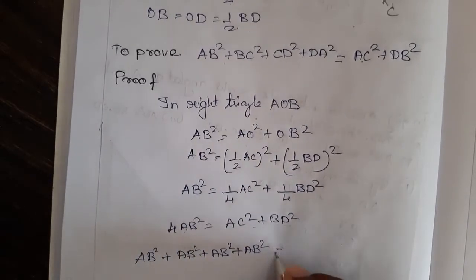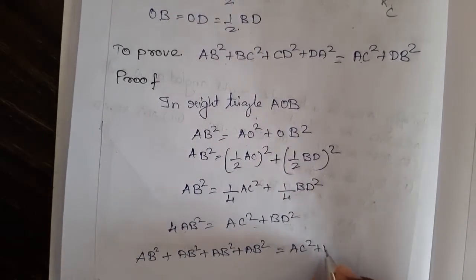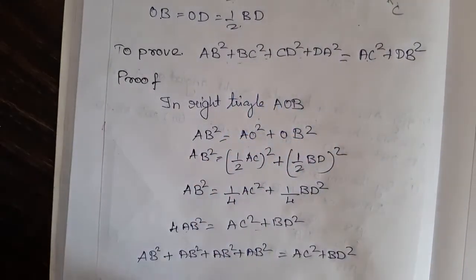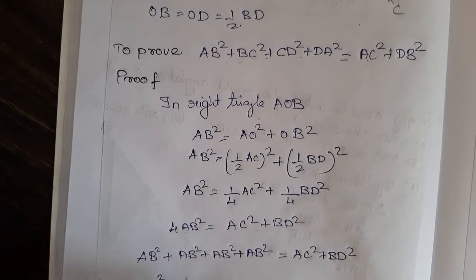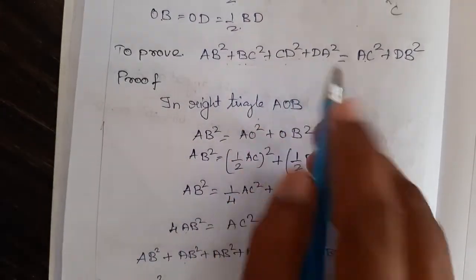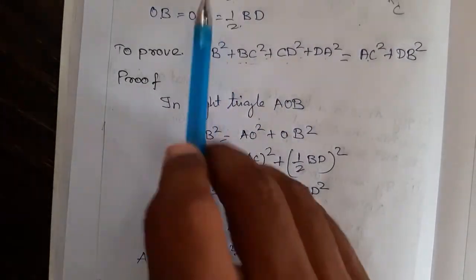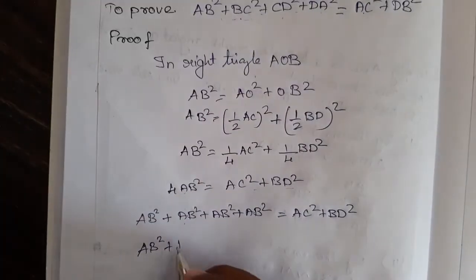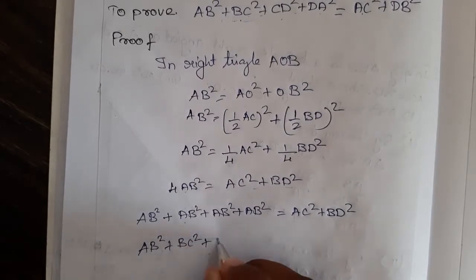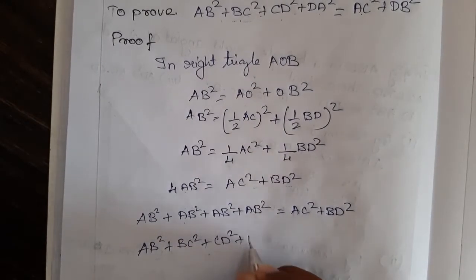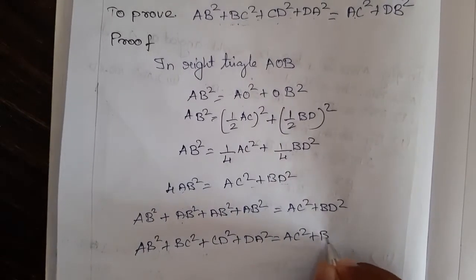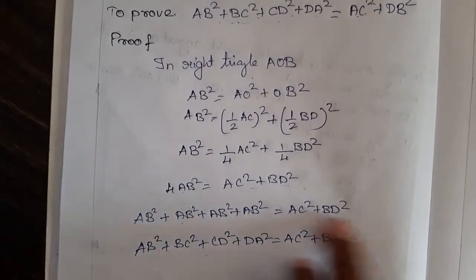Why I split and wrote it means since we need all the four sides. So AB square plus, this AB I write as the second side, the third side and the fourth side, since we already know that all the sides are equal in the rhombus. So AB I write as BC square and CD square plus DA square, which is equal to AC square plus BD square. This is what we had to prove.